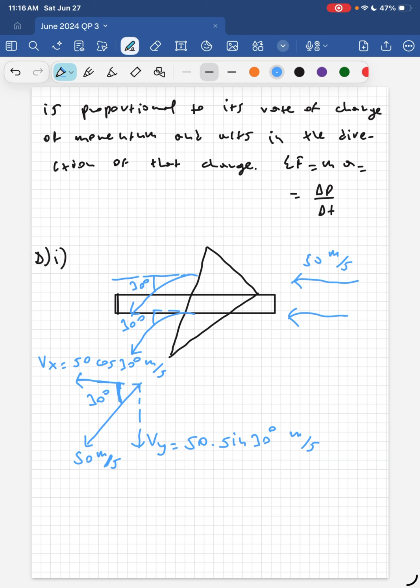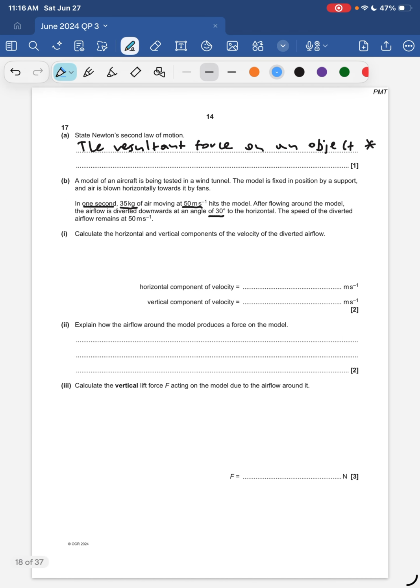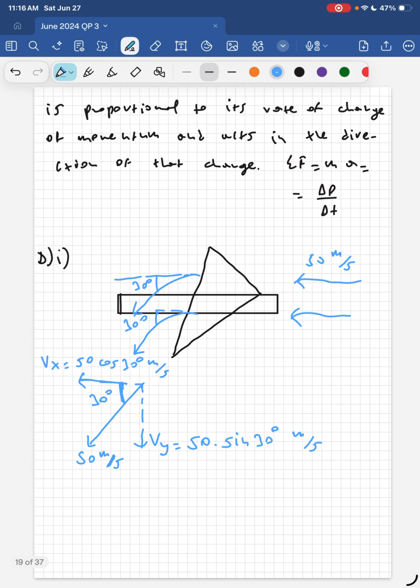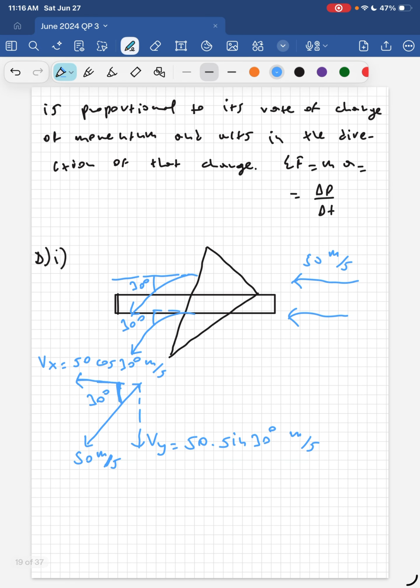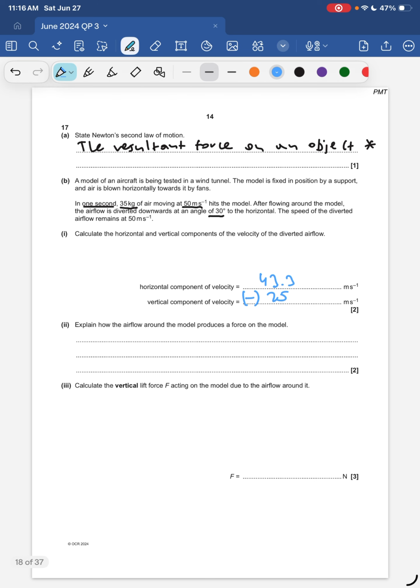So the one that does not touch it is the sine. That's how I remember it. It's silly, but it helps. So let's come back here and write down Vx. If you evaluate the cosine, you get 43.3 meters per second. And for Vy, you get 25 meters per second. Technically, it's a minus sign because it points downwards. But I mean, it's not needed, is my guess.